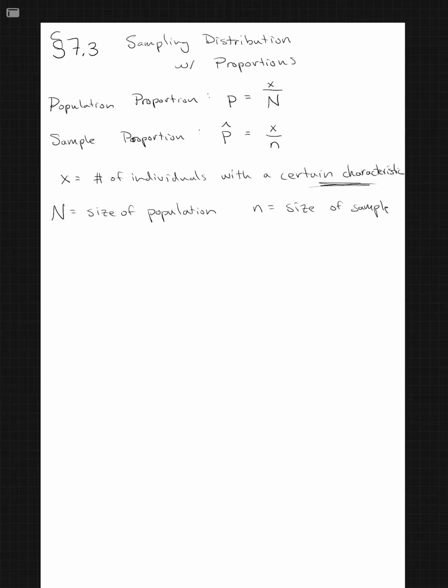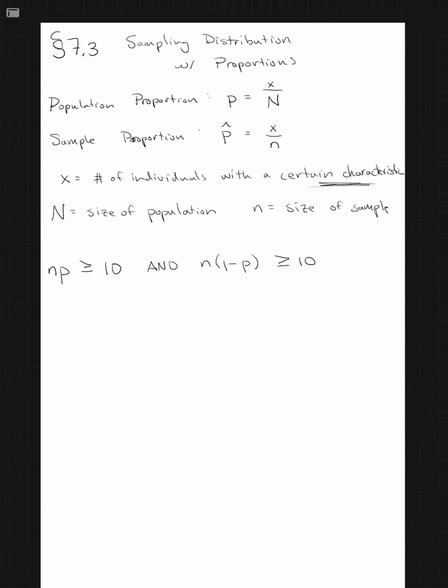So if you recall before, last section, we said that we could find these probabilities if either the population was normal or n was bigger than 30, right? So for these problems, it's a little bit more complicated, right? We need n times p to be greater than or equal to 10. And, not or this time, we need n times 1 minus p to also be greater than 10.